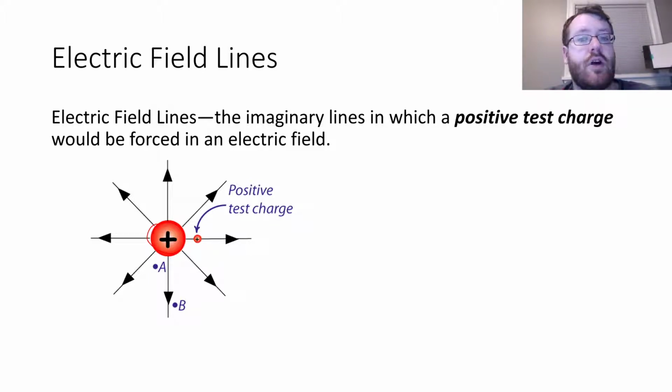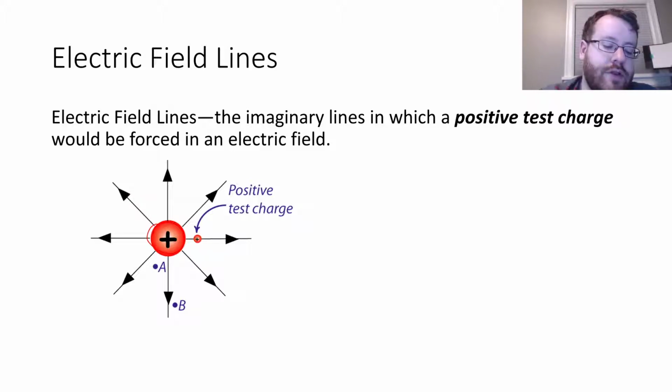If there is another charged object around, it will be pushed away from it because positively charged objects repel each other. So if we were to put some very small test charge, basically something to allow us just to feel the electric field in an area, what these arrows would show us is which direction that charged object would be pushed.